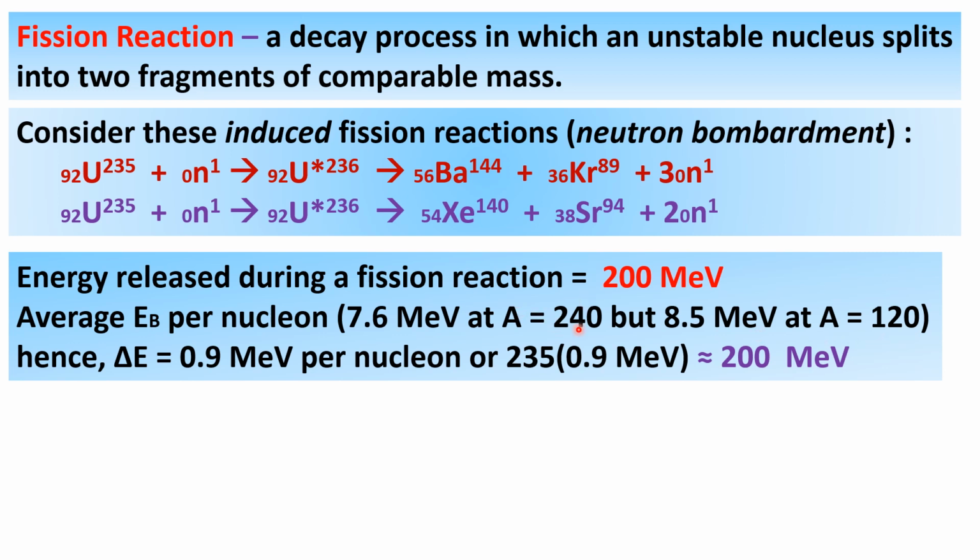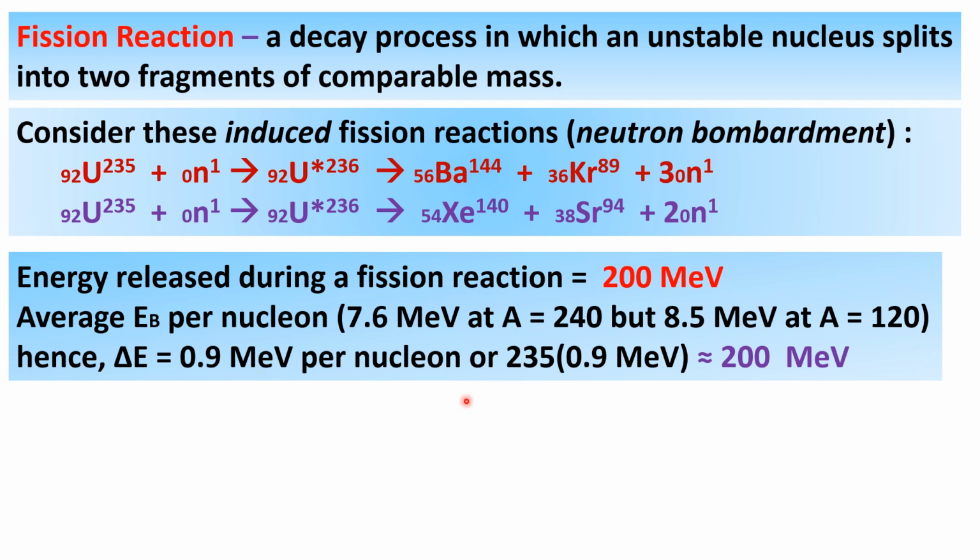Uranium-235, for example, belongs to that category of having low binding energy, so that during the nuclear fission reaction, the delta E between the typical binding energy per nucleon and those for lighter nuclides gives an average of 0.9 million electron volts per nucleon.